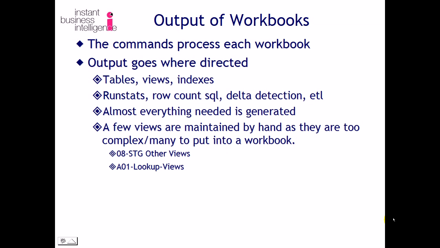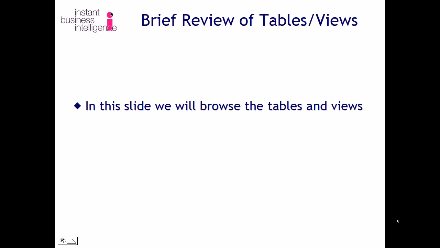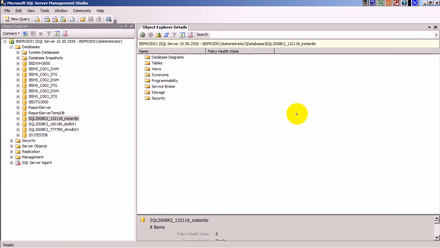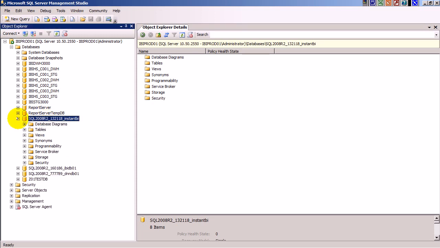So having had a look at the output for the workbooks, let's just take a brief review of the tables and views inside the two databases, the staging area and the target data warehouse itself. So here we are in SQL Server, on which all .NET Nukes run. We can see the three .NET Nuke databases.